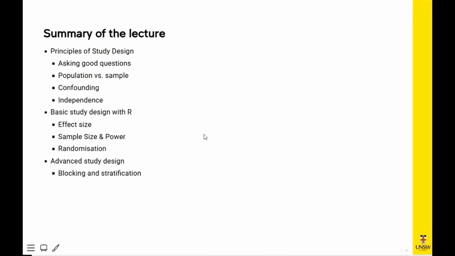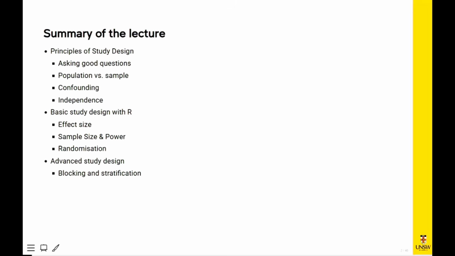In this lecture, we're going to be talking about principles of study design. First of all, asking good research questions. What's the difference between a population and a sample? How to deal with confounding, if you can, in the design process, and independence of observations. Then we might do some basic study design.